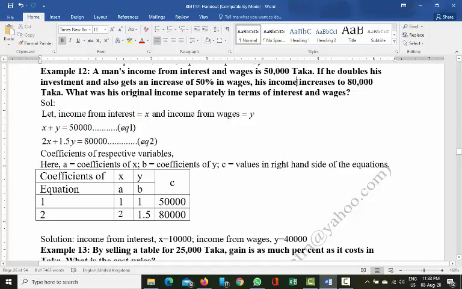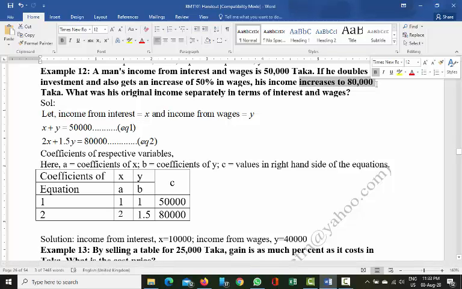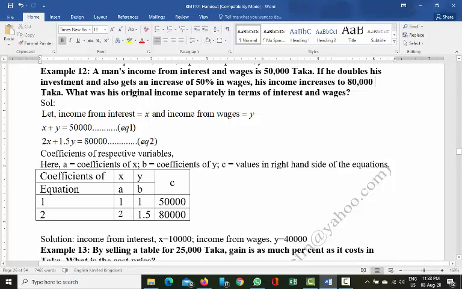His income increases to 80,000. So his new total income will become 80,000 taka. So what was his original income separately in terms of interest and wages?